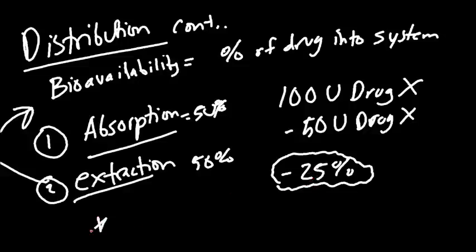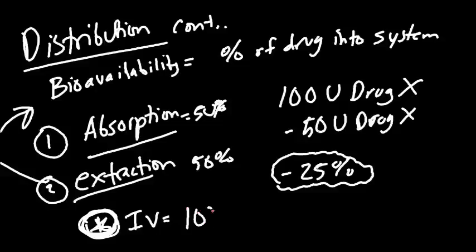One note, another point, this is probably a top 10 on this whole lecture, is that when you give something via the intravenous route, we're bypassing this absorption. We're bypassing the extraction phase. So intravenous dosing, parenteral dosing via the intravenous route will have 100% bioavailability.